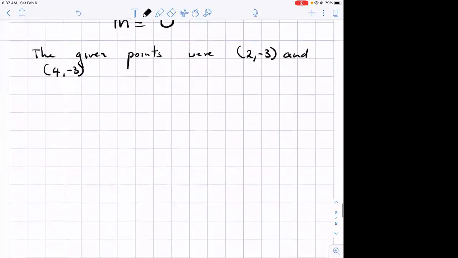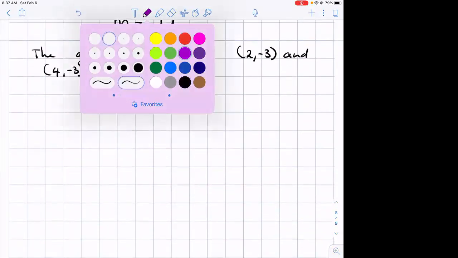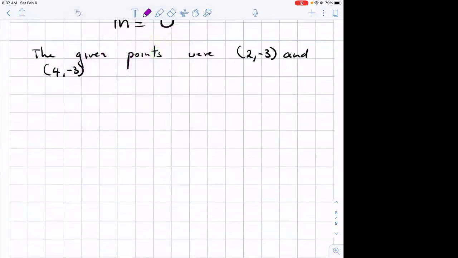See, if you plot these 2 points, connect a line passing through them, we will be able to see if that line is a horizontal line.